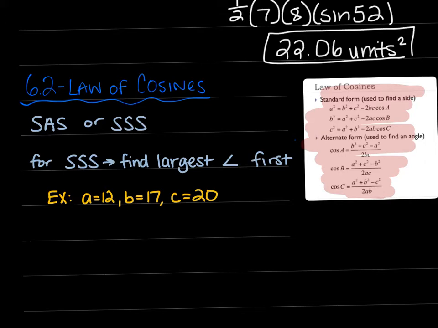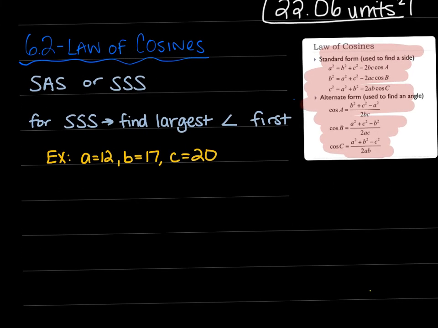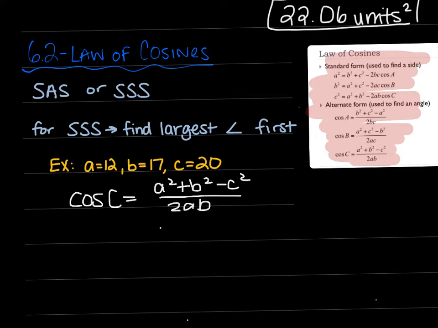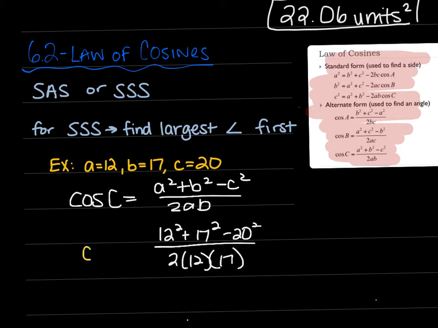So if I'm given A is 12, B is 17, and C is 20, then I want to find angle C first. So the cosine of C is A squared plus B squared minus C squared over 2AB. So 12 squared plus 17 squared minus 20 squared over 2 times 12 times 17. You can type this all in your calculator at once, so I can do cosine -1, but you have to be careful and make sure that you group together your numerator and your denominator.